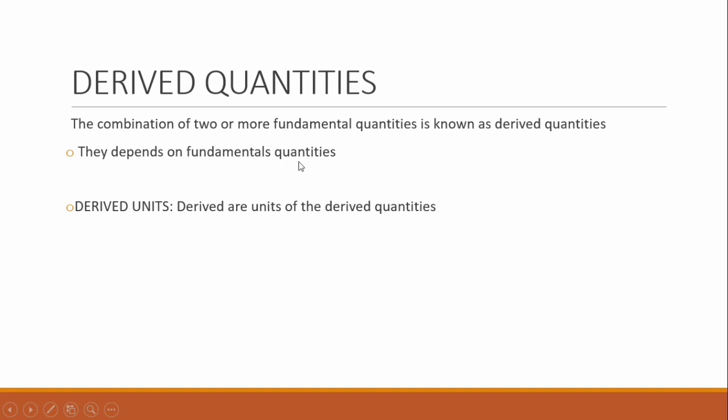So when you combine 2 or 3 or more fundamental quantities, you have derived quantities. The unit of derived quantities is known as derived units.